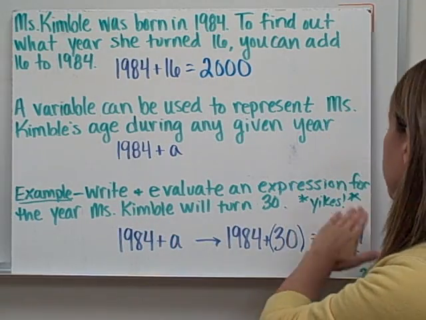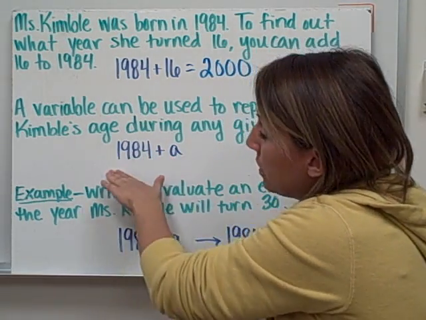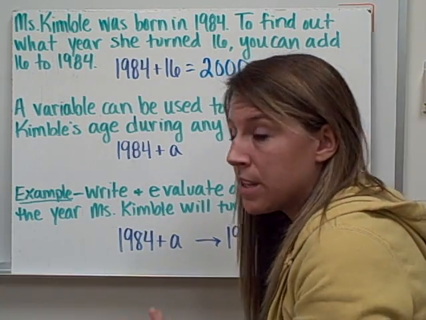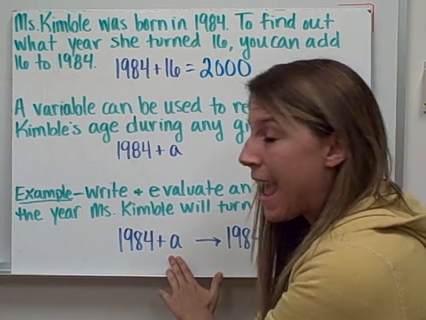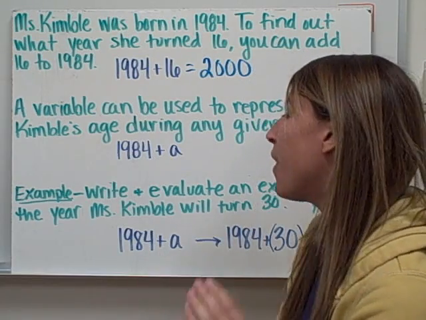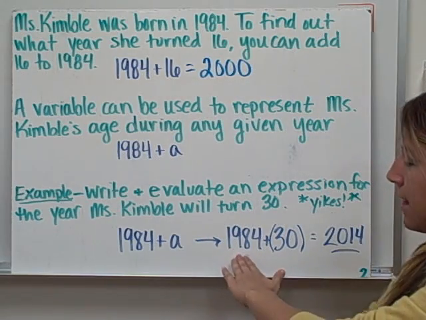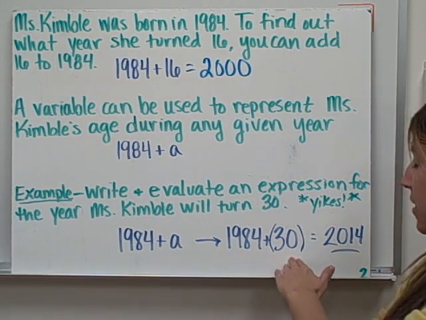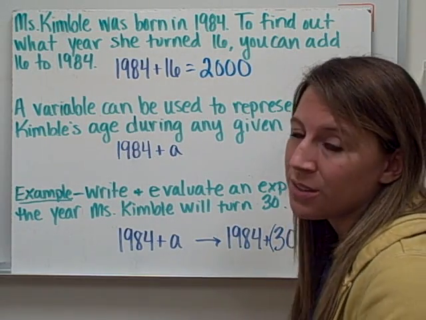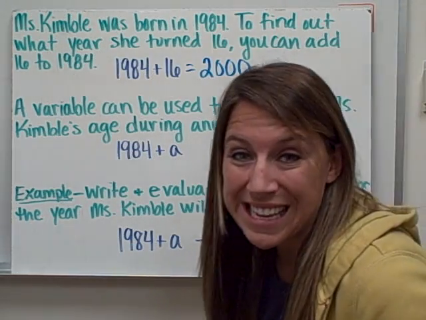Write and evaluate an expression for the year Miss Kimball will turn 30. So we would use this algebraic expression, 1984 plus A. But if I wanted to know what year I would turn 30, I would plug 30 in for A. I would substitute it, and that would look like this, 1984 plus 30. And that year, which is approaching very soon, is 2014.